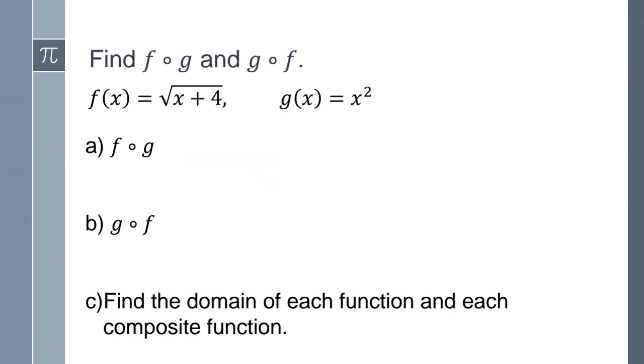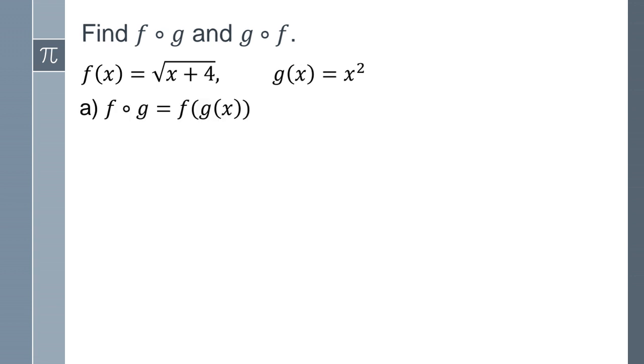Okay, now let's do another example. Again, f of x is equal to the square root of x plus 4, and g of x is equal to x squared. Here they want us to find f of g, or f composite g, and g of f, and find the domain of each function and each composite function. Let's do the a part first.